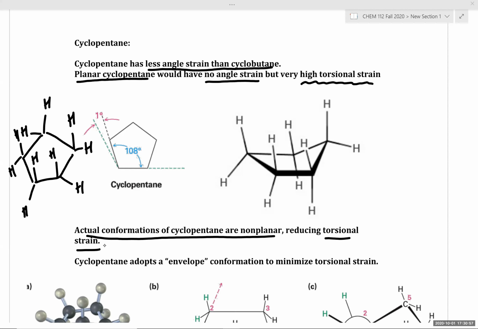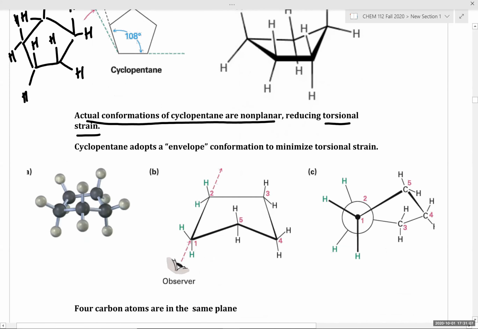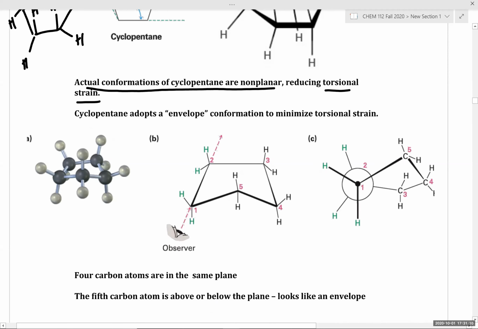So again, we don't have planar cyclopentane. The torsional strain would be too much. So instead, we adopt a non-planar conformation that's called a quote-unquote envelope conformation to minimize our torsional strain. Again, as you can see, as a result of this puckering, if we look down one of our carbon-carbon bonds, our hydrogens are not eclipsed anymore.